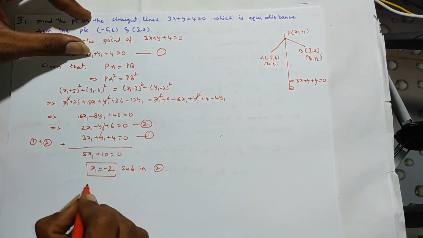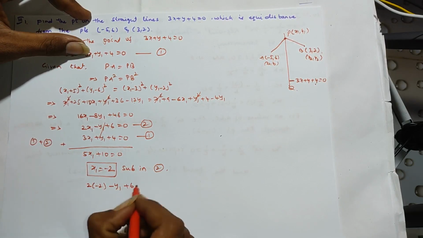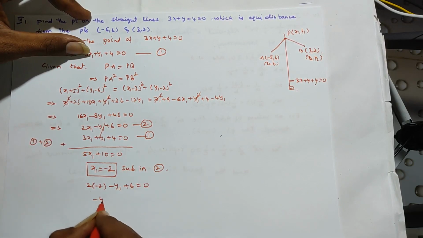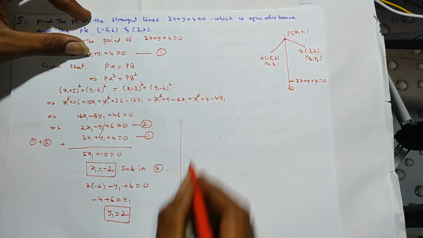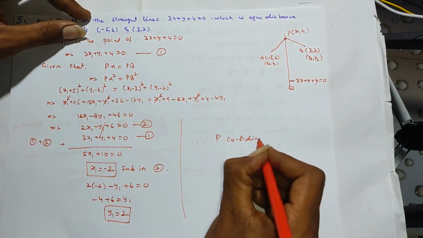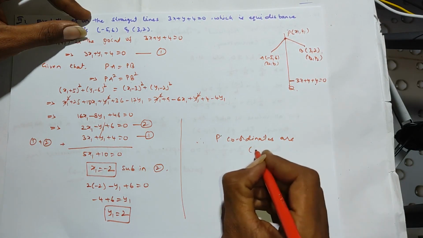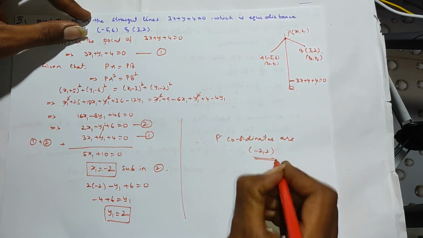That is 2(-2) - y1 + 6 = 0. Here -4 + 6 = y1. Then y1 = 2. Therefore, the P coordinates are (-2, 2). Clear?